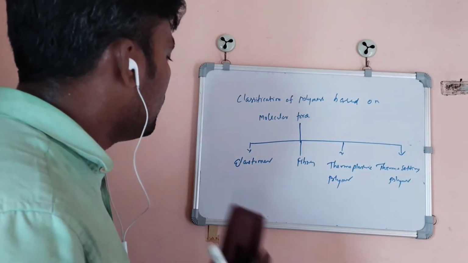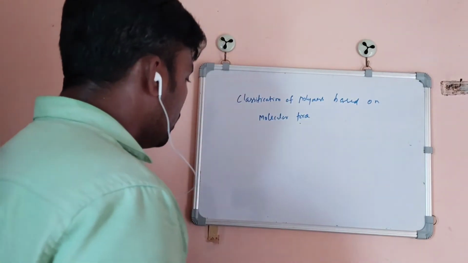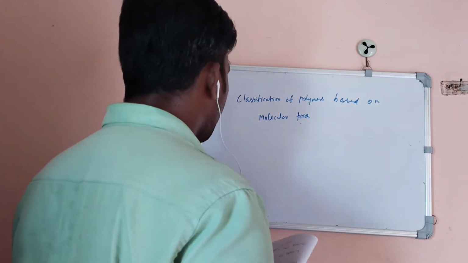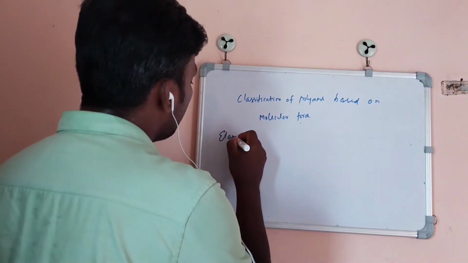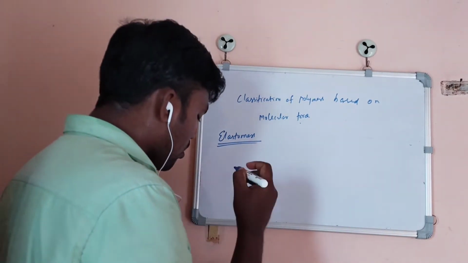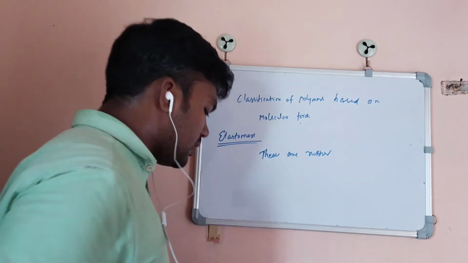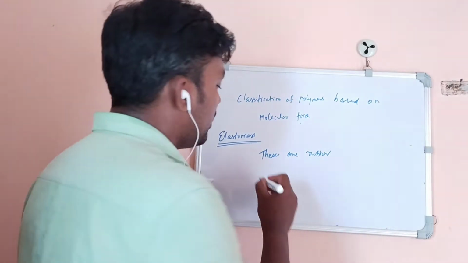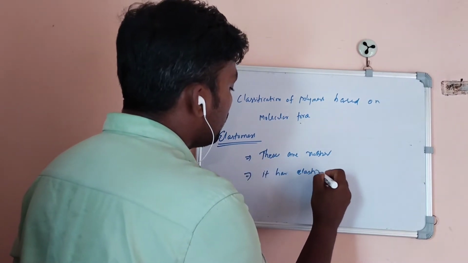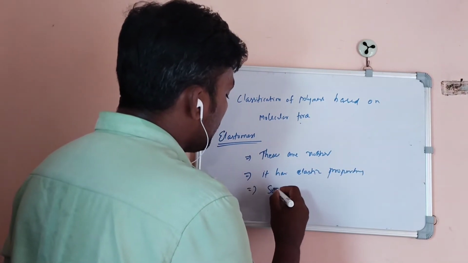Now we are going to see elastomers first. Elastomers are rubbers. They have some elastic properties, and the physical nature is solid.